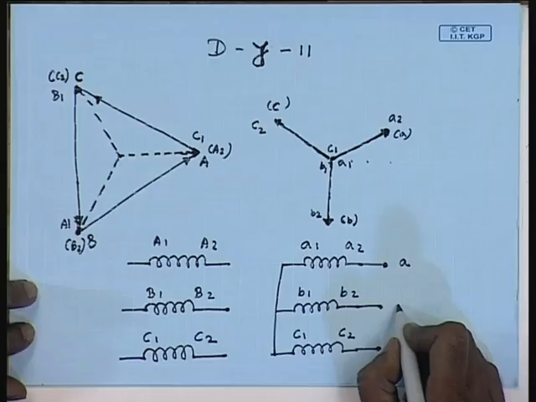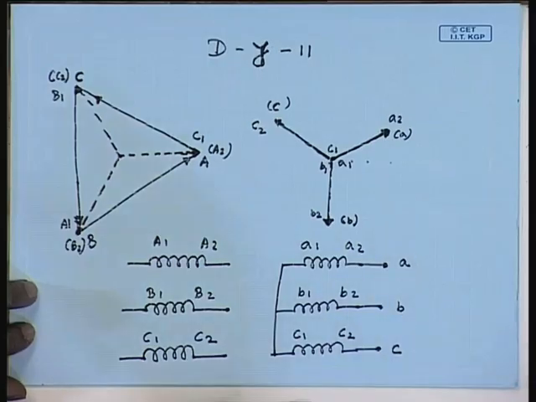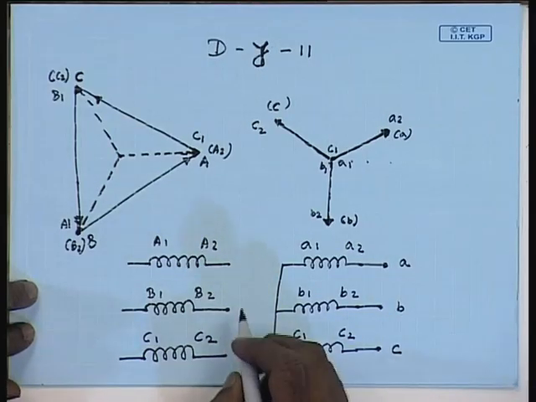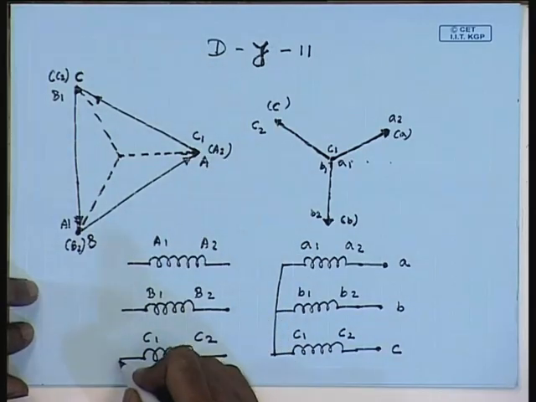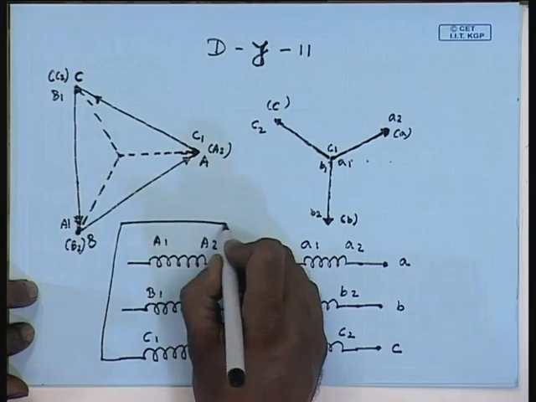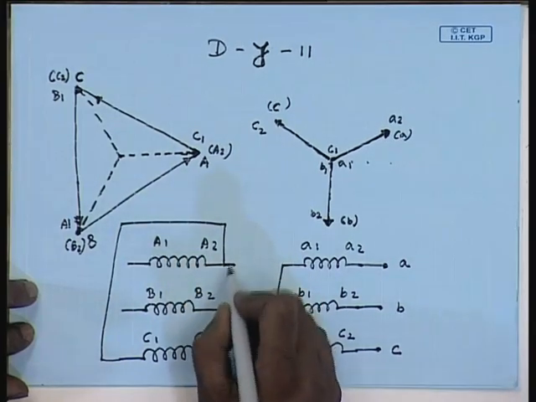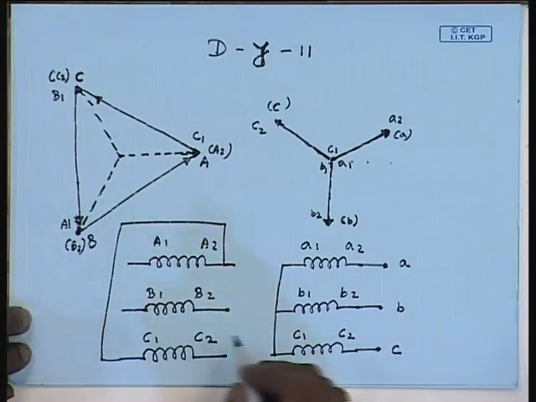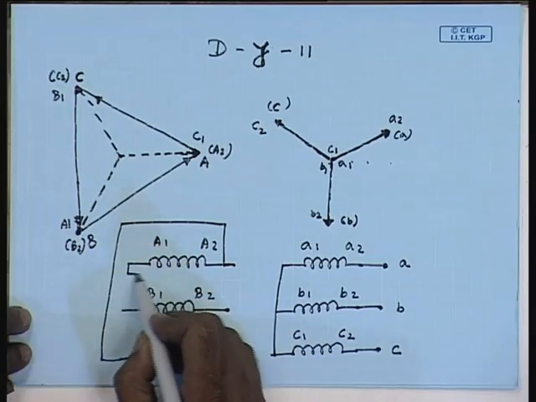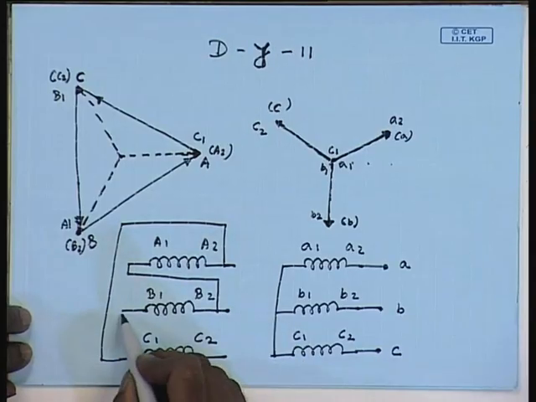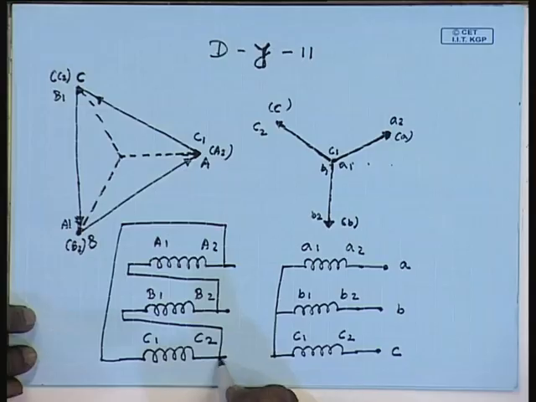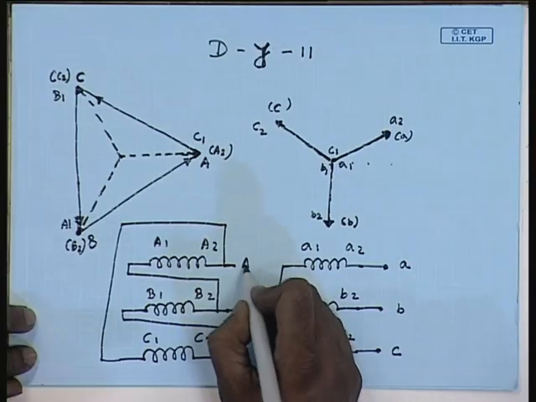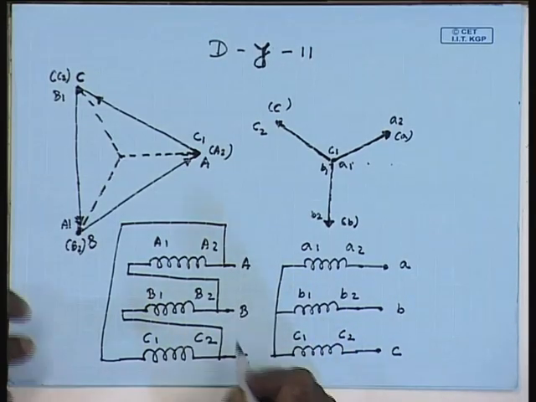This is terminal A, terminal B, terminal C. On the delta side, we find that A2 is connected to C1, then A1 is connected to B2 and B1 is connected to C2. The supplies are given to these points A, B, C.